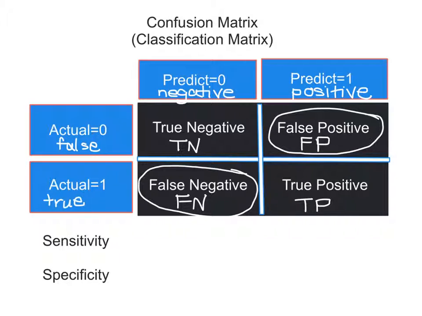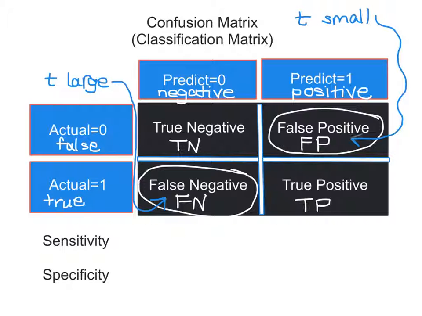If t is large, then we tend to have more errors that are a false negative. If t is smaller or small, then we are more likely to have more false positives.